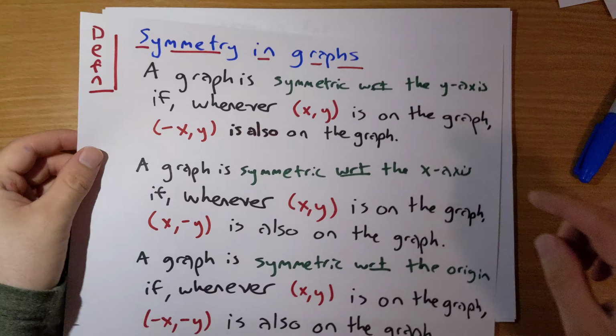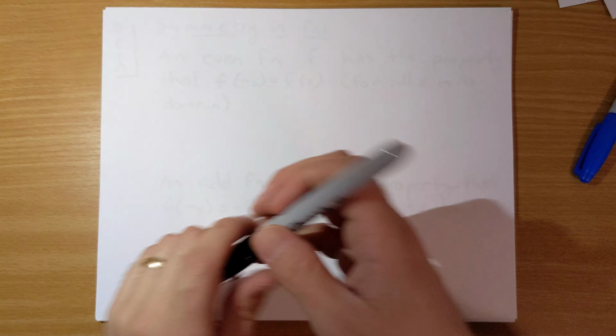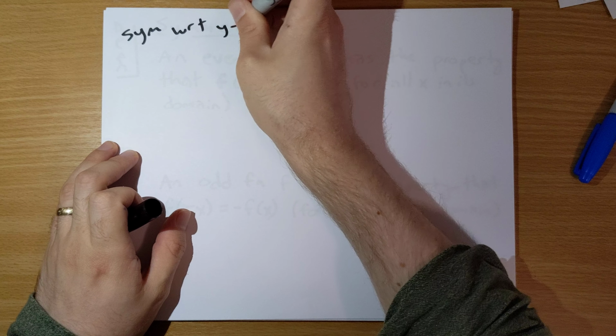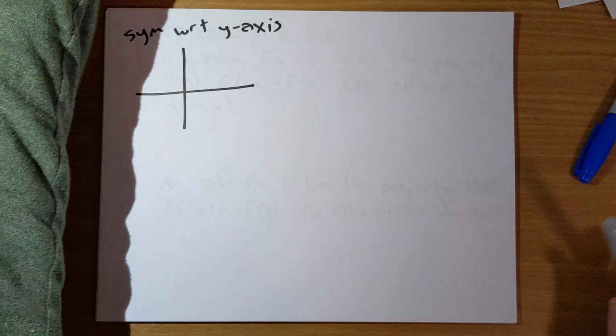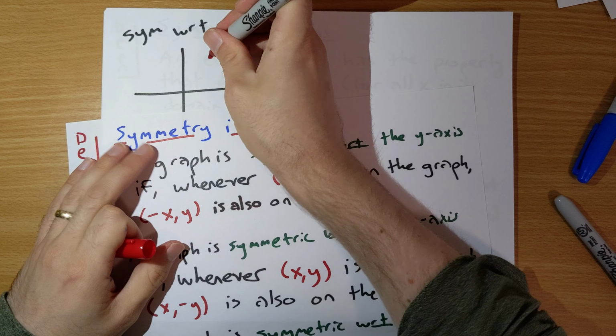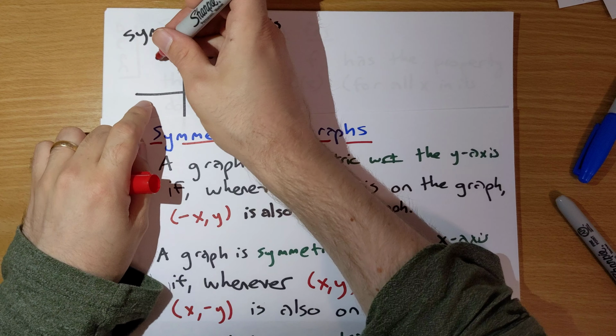Let's draw some pictures for each one of these. So let's start off with symmetric with respect to the y-axis. What this says is whenever (x, y) is on the graph, here's a point (x, y), then (-x, y) also needs to be on the graph.